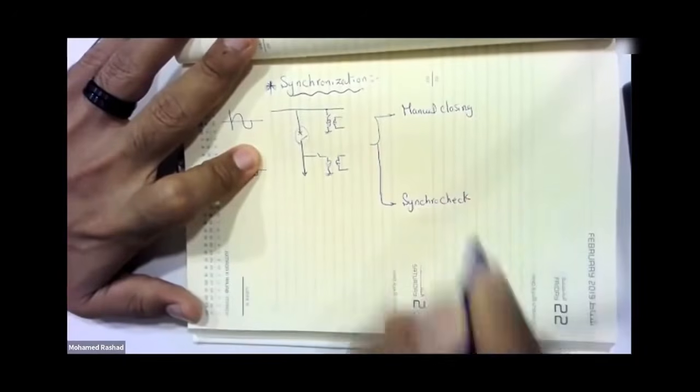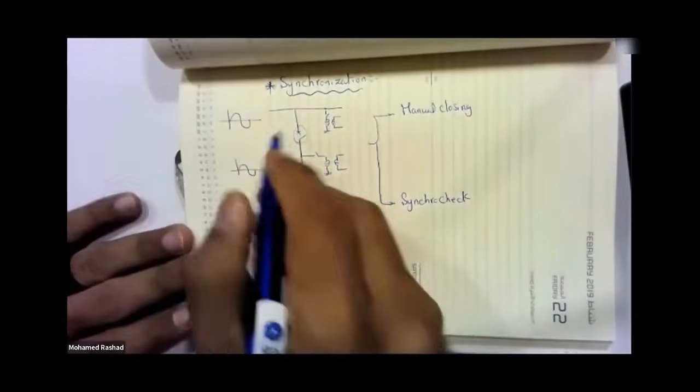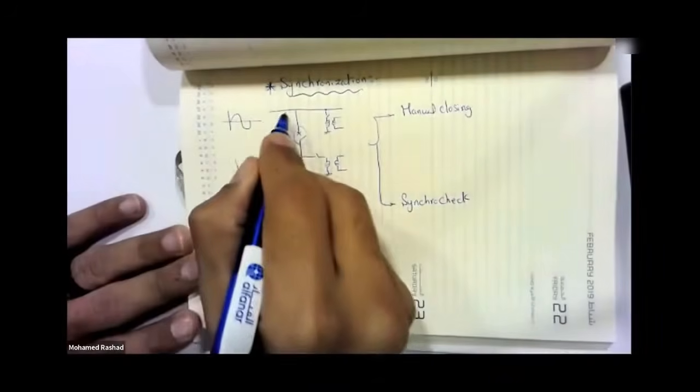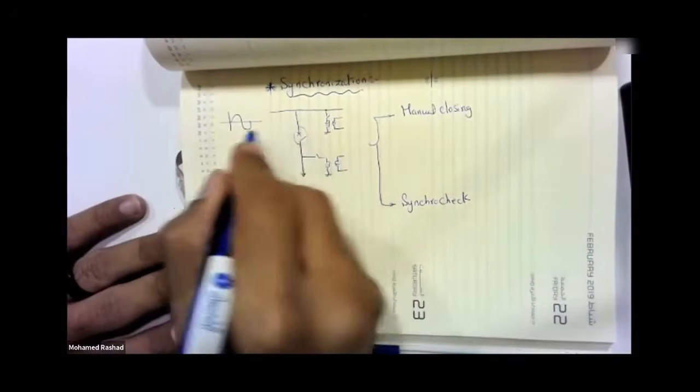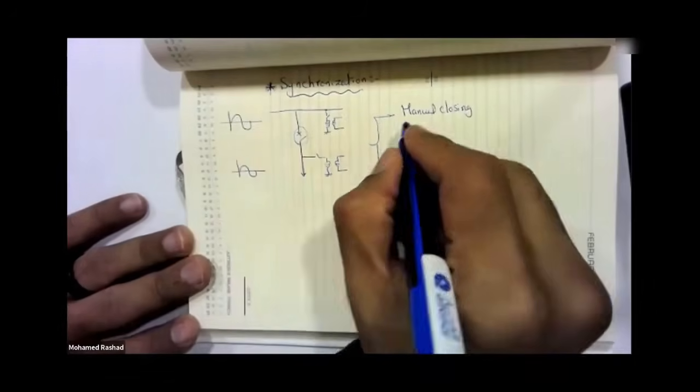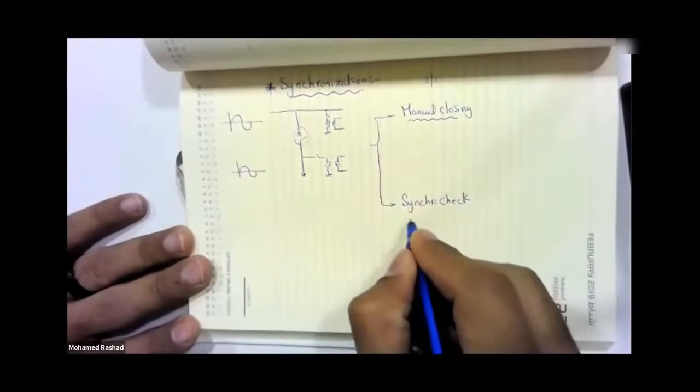As we say, for you to close the breaker now, there is voltage before it and voltage after it. For you to close this breaker on 2 voltages, certain conditions must be met. These conditions are divided into 2 things: one we call manual closing, and the other we call Synchrocheck.